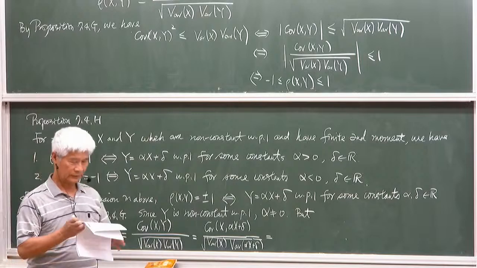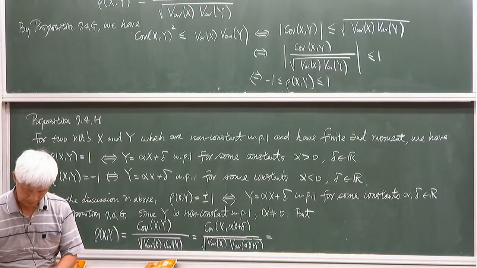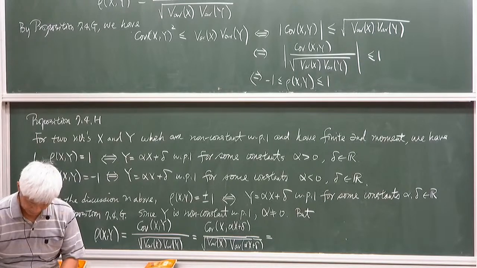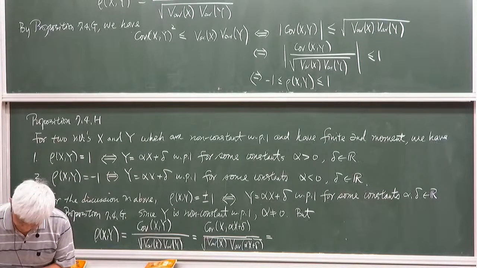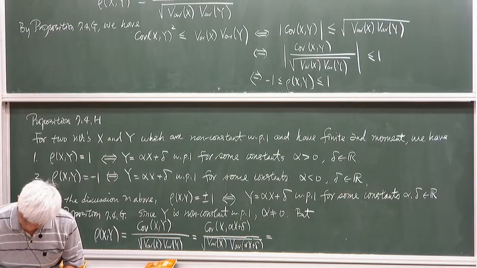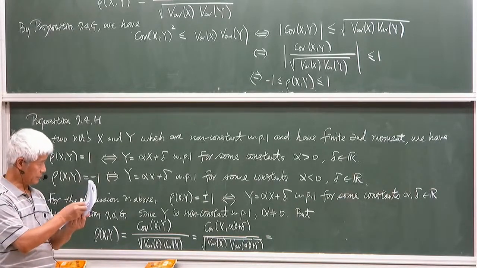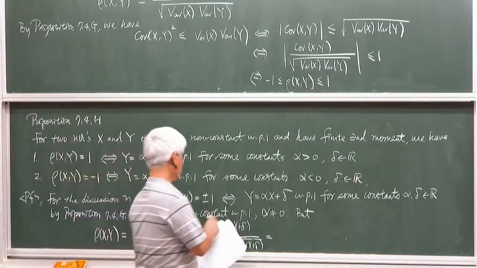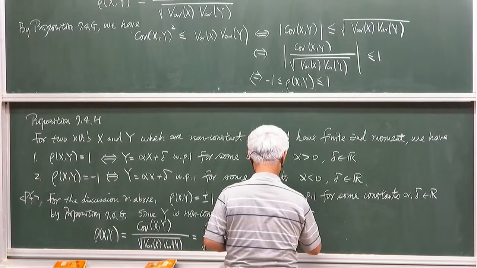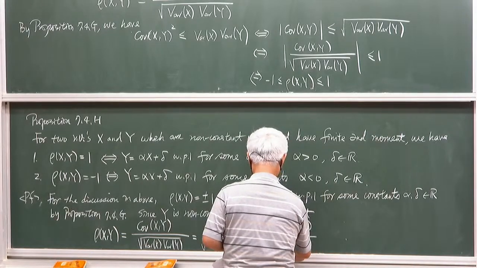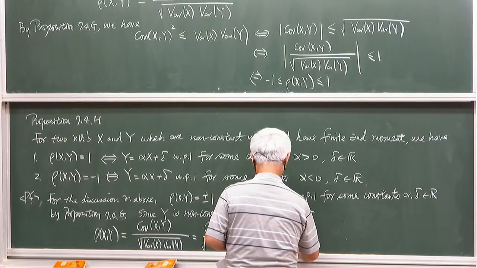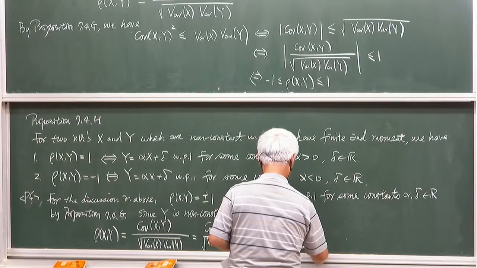Now, from a theorem about variance and covariance, in proposition 7.4.2, we know this is actually equal to the covariance of x and alpha x, over the square root of the variance of x times the variance of alpha x.